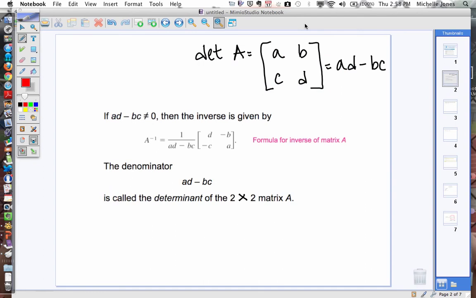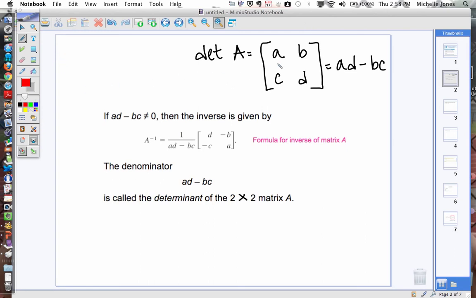Let's get started by looking at inverses. So in 7.6, we saw how to take the inverse of a square matrix, and I told you that it was actually easier to do than the whole process out. And it's easier because we can use our determinant to help us get the inverse of the matrix.